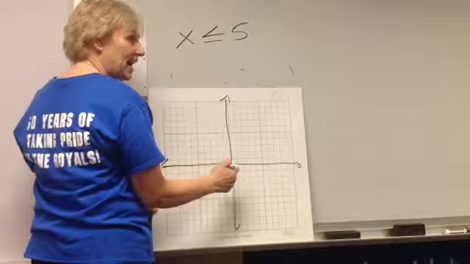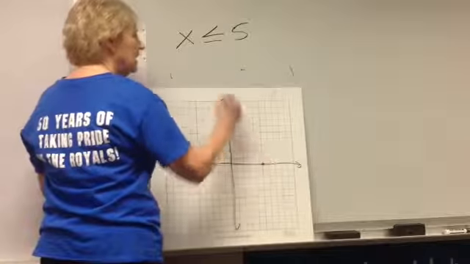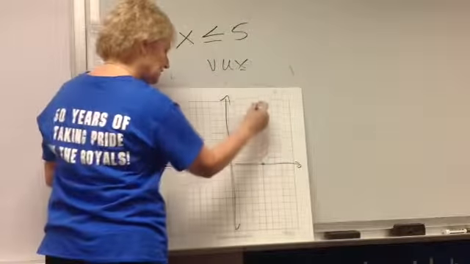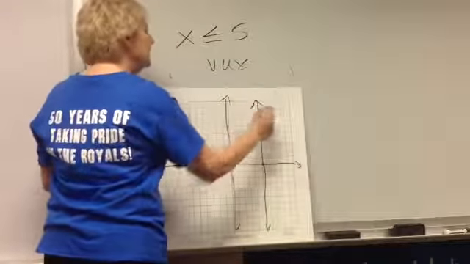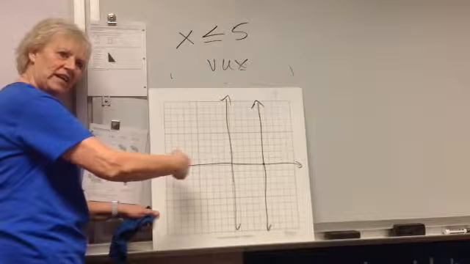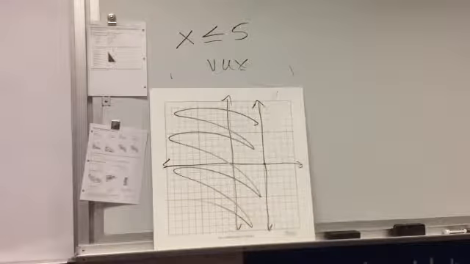We go to 5. 1, 2, 3, 4, 5. Straight up and down. Vertical line. And it's going to be solid. Where are the numbers that are less than 5? Left. Over here. Got it? That's easy. Okay, that is today's lesson.